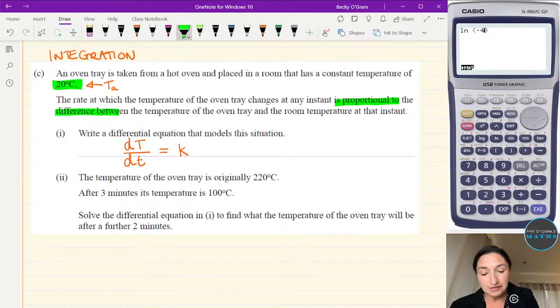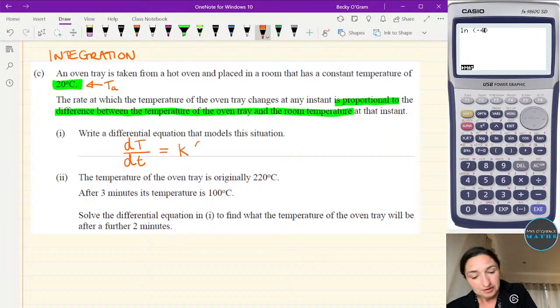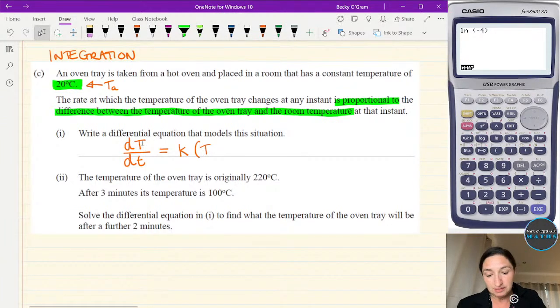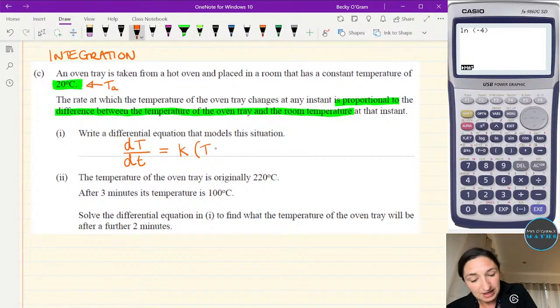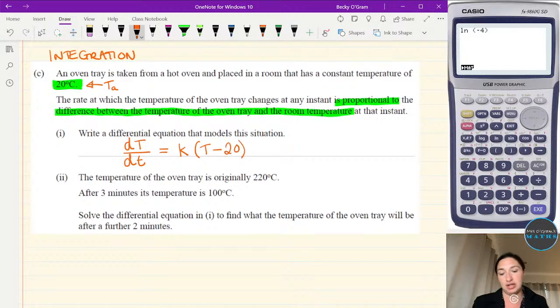So that's the difference between the temperature of the oven tray and the room. So that will be the temperature of the tray, which we've called the capital T. That's the bit that we decided on here. So the temperature of the tray is our capital T. And we are going to take off the temperature of the room to find the difference between them.